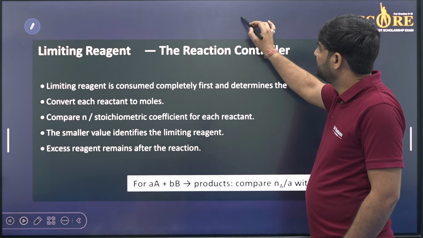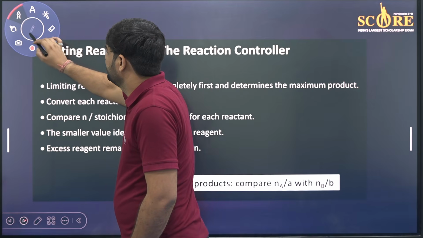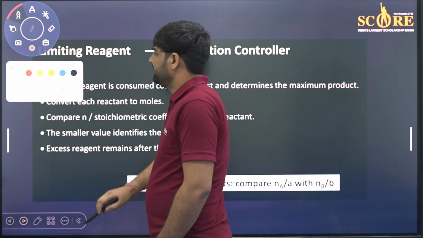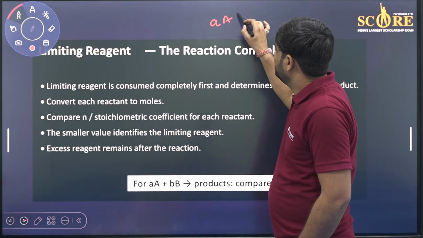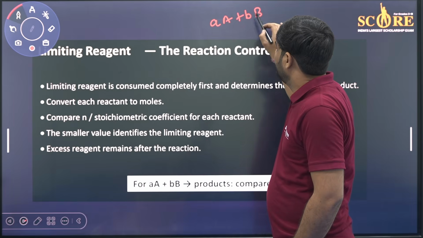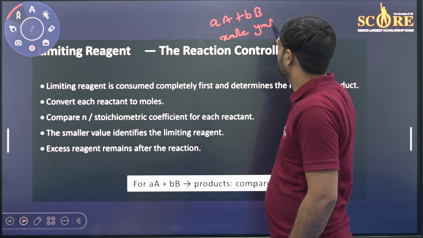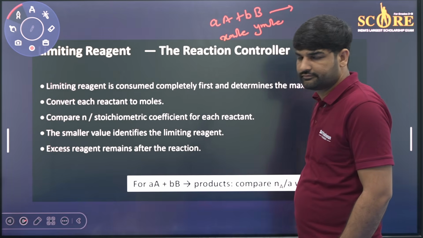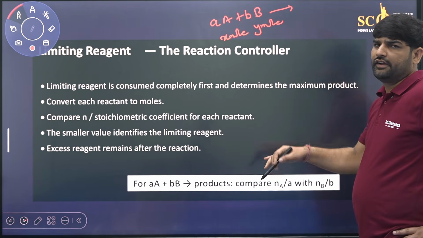For example, there are two reagents, A and B, and X moles of A and Y moles of B are given. Now we have to find the LR.